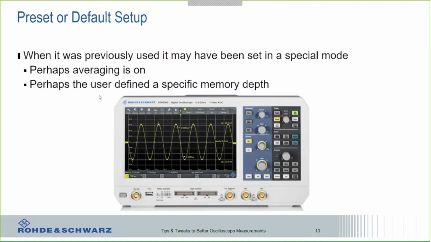As I mentioned, perhaps the user before had turned averaging on, or perhaps they had specified a memory depth, and so the memory depth was limiting the sample rate on the oscilloscope. Pressing default setup or preset will allow you to get back to a known good starting point, and then you can go from there to set up your measurements and make sure you're getting the most accurate ones available.